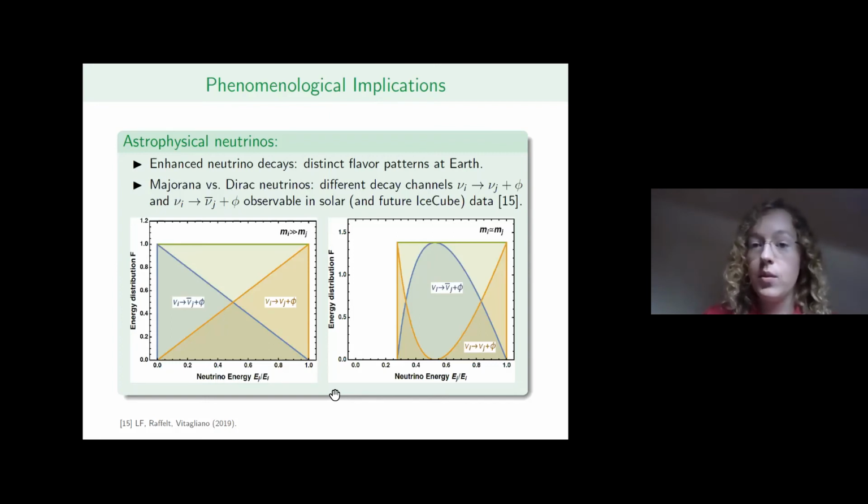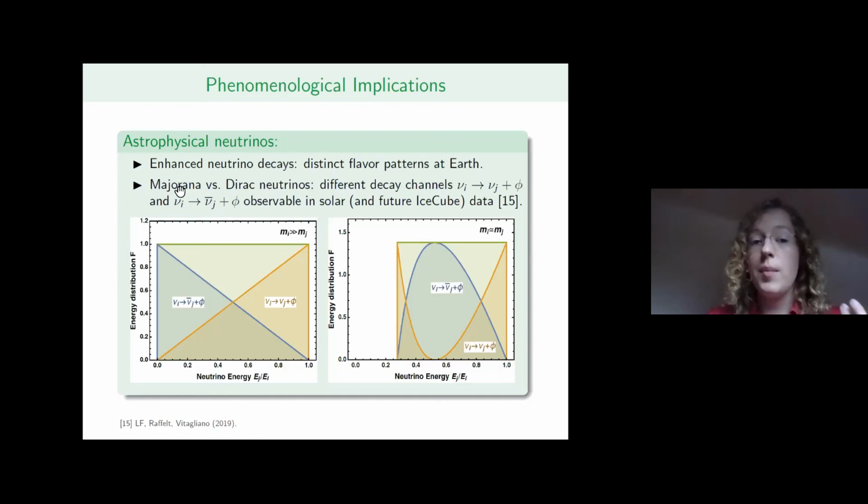But one aspect which should be observable is antineutrino appearance, for example, for solar neutrinos. We know that the sun is emitting predominantly electron neutrinos, sorry, neutrinos and not antineutrinos. So we haven't observed any antineutrinos from the sun yet.